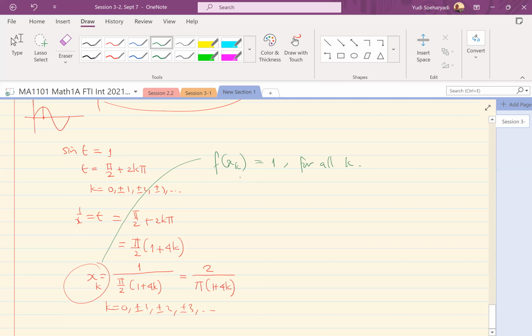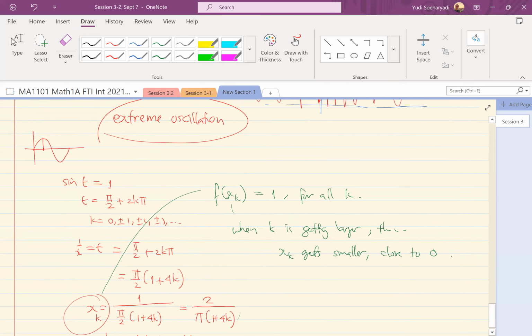Okay. And you see that x_k, when k is getting larger, what happens to this one? x_k is smaller, close to 0.